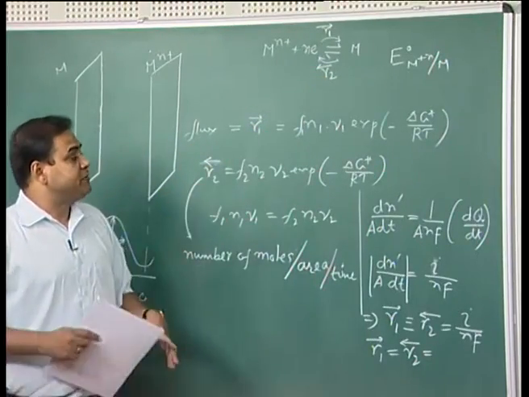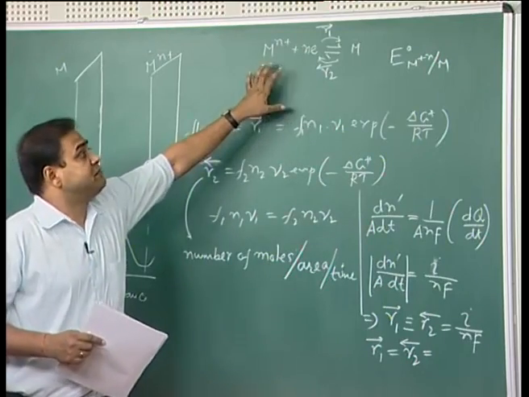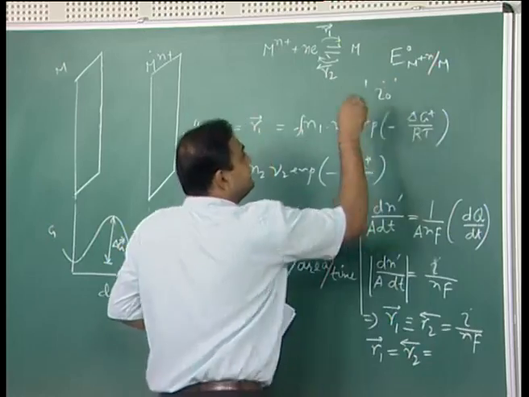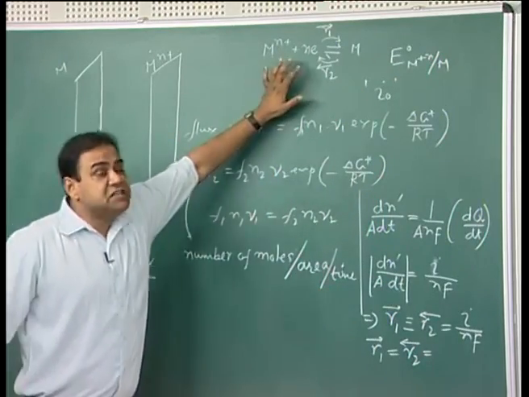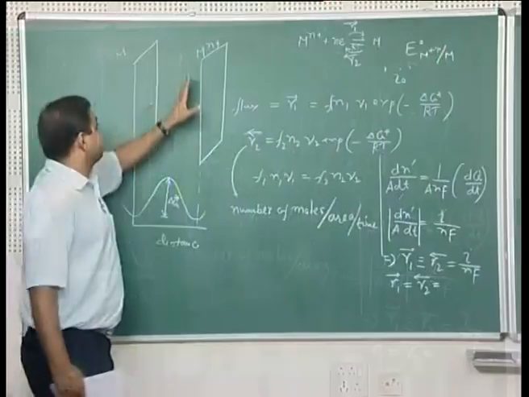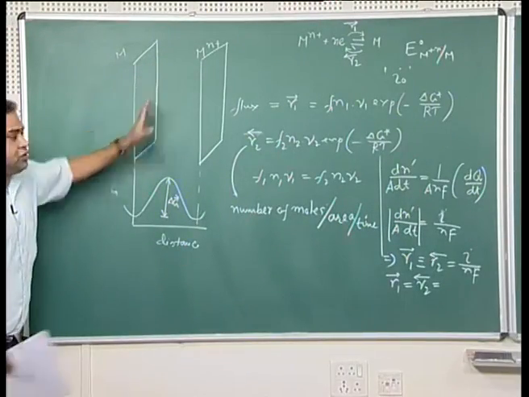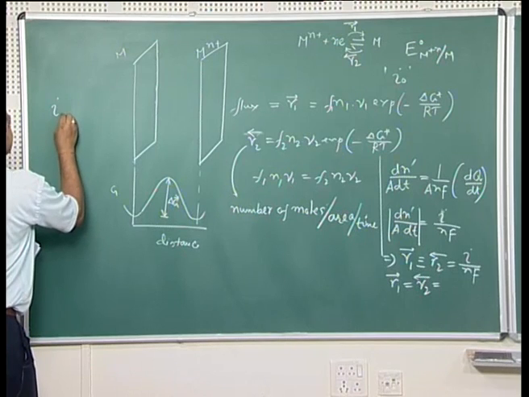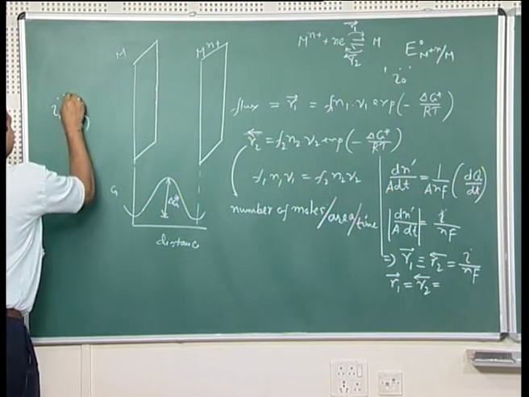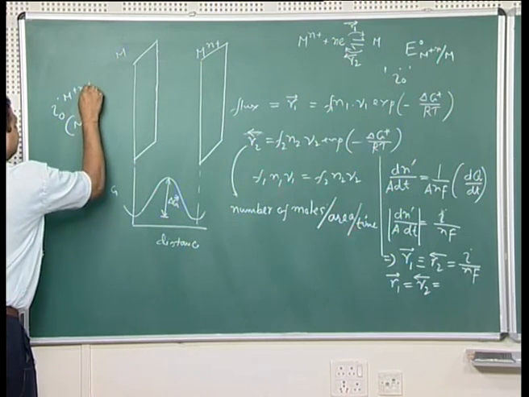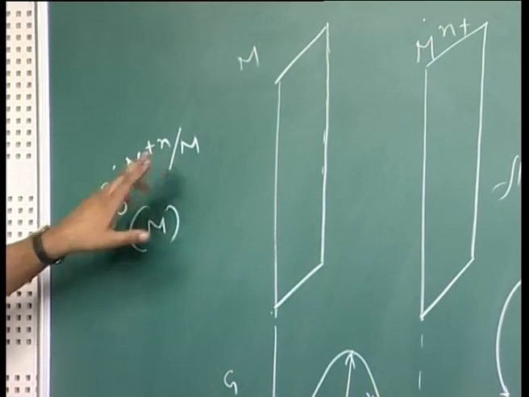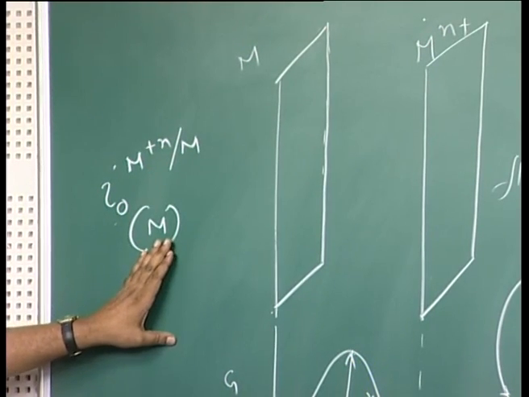So, for that non-corroding system, reversible equilibrium condition, I can think of the exchange current density of this reaction on the surface of the metal, and that surface is nothing but the same metal surface. So, here I can write I0 on metal surface, the exchange current density for this reaction on metal surface M.